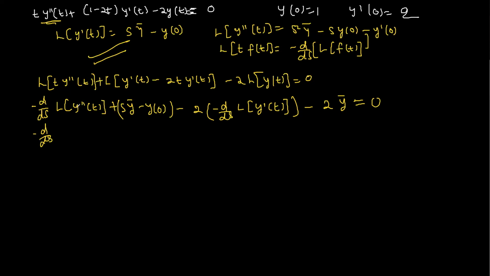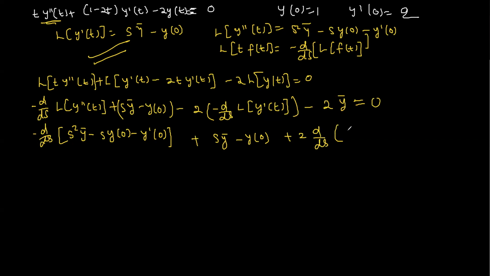What is the Laplace of the second derivative? S square y bar, minus sy0, minus y dash 0, plus s y bar. Y0 is 1. So we will put later, plus 2 y dash t.